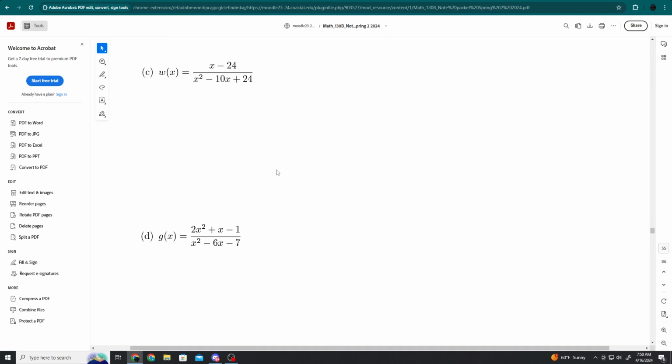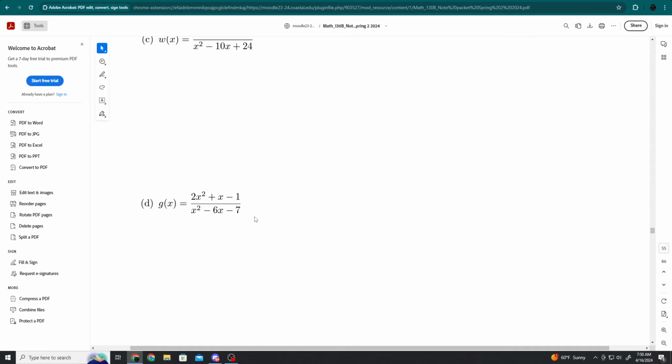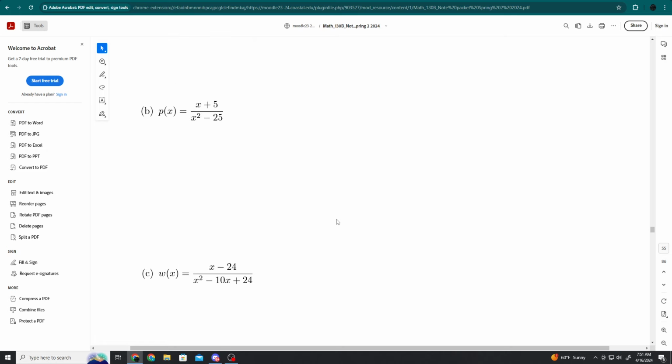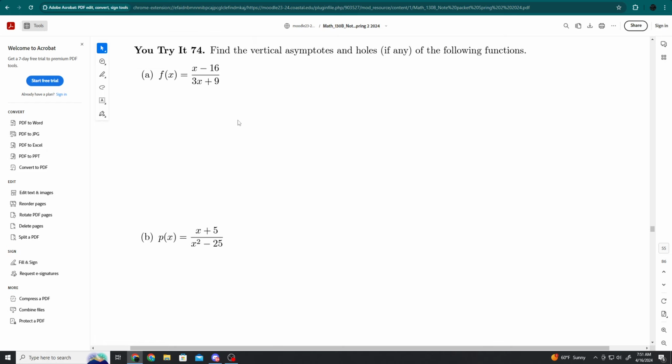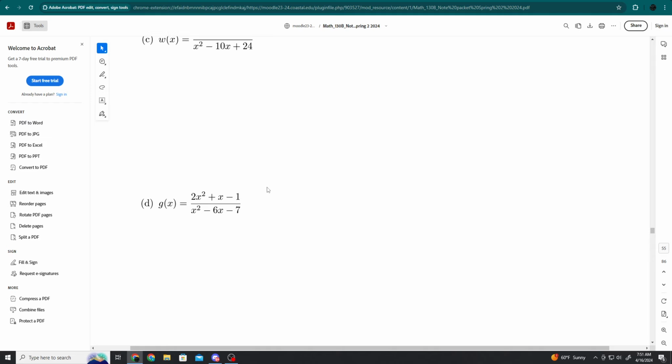Now, D is your challenge problem, because we gave you a not so fun factorable problem on the top. Remember, you had to do your A times C thing. The denominator is also factorable, so this is more of the challenge question. Okay? So at some point after this video, make sure you go take a look at parts A, C, and D. See if you can do it yourself and it makes sense.